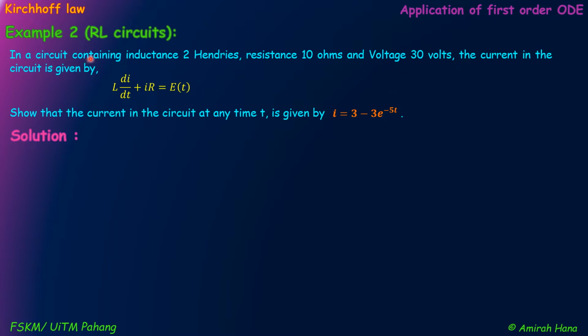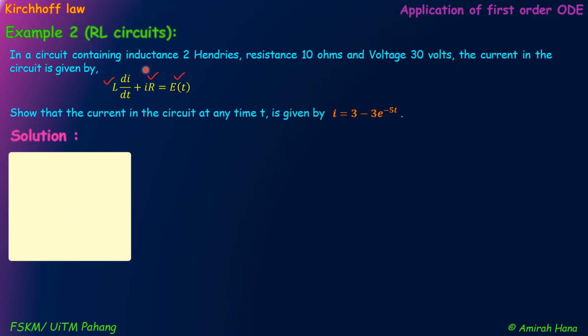To solve this question, first we need to extract the given information, which is L, R, and E(t). From the given question, we have inductance 2 henries. This is L, so we can write L = 2 henries.